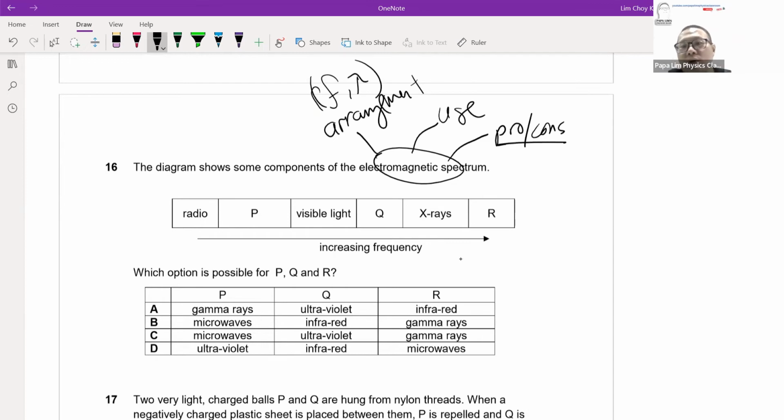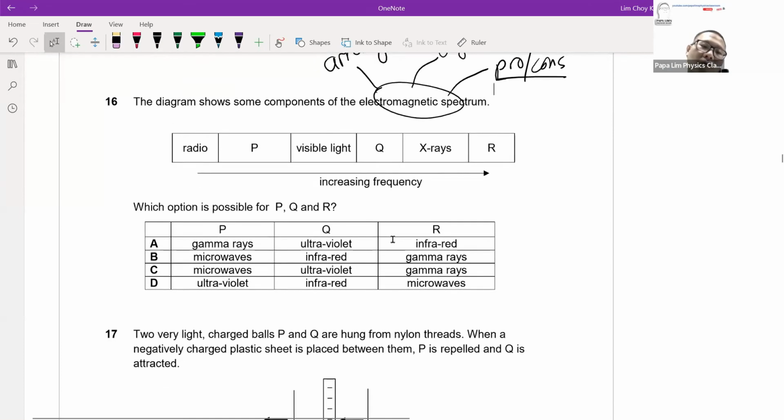Students have to know the components, the uses of each component, and the advantages of using them. These are facts, and students have to be fairly well versed in this area, especially the arrangements, the uses, and the pros and cons. If you have done your basic homework, question 16 is a straightforward case.